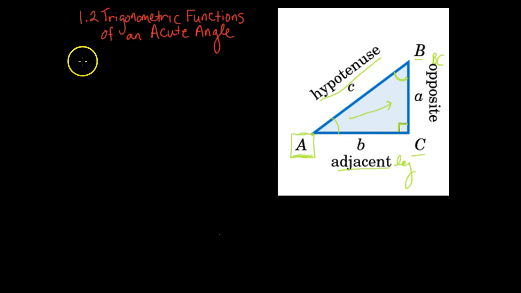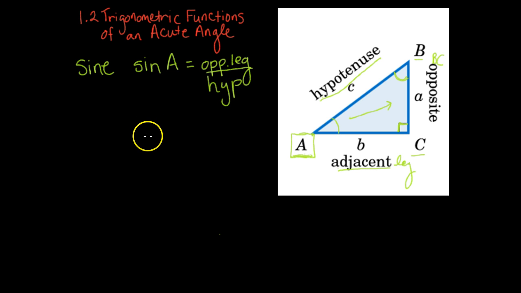Okay, so the first function, sine, and we spell that S-I-N-E. The sine, and we just abbreviate it to sin, of angle A is equal to the opposite leg over the hypotenuse.